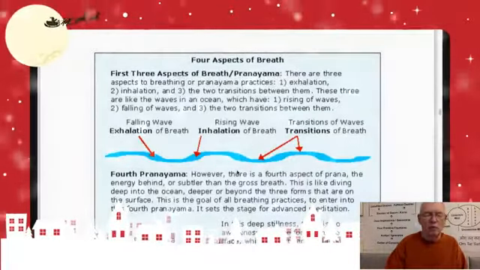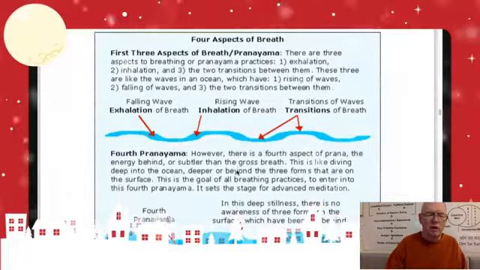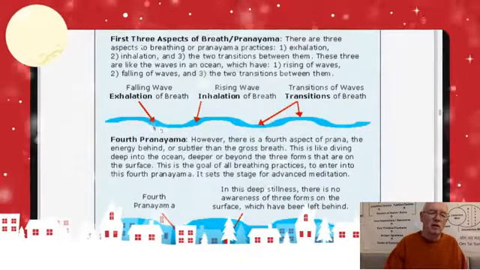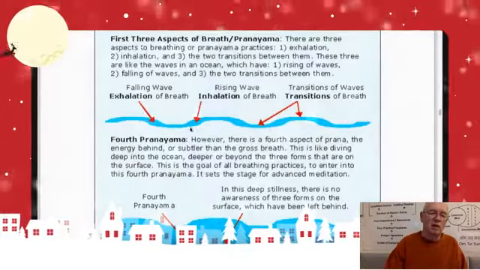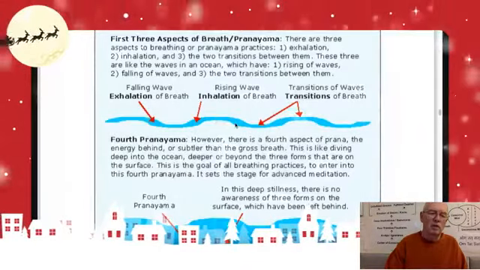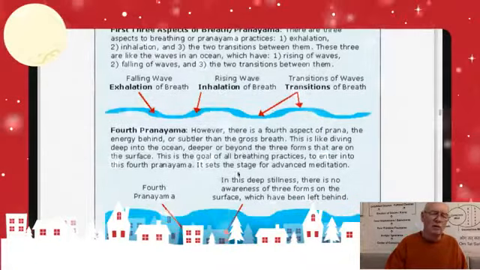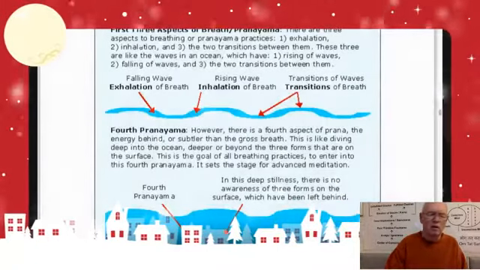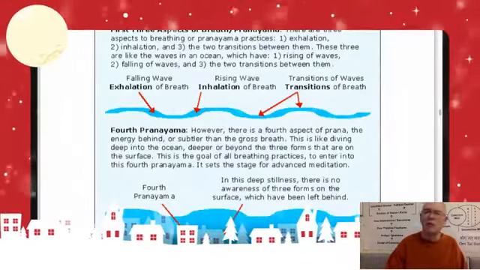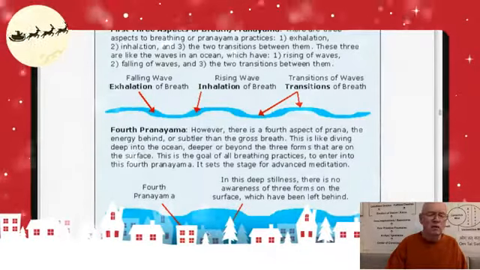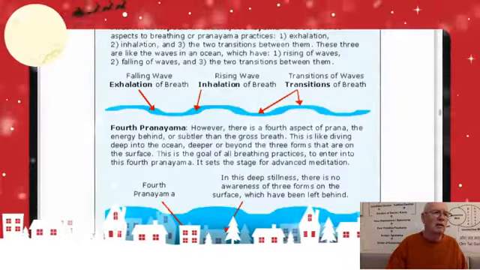And this is the fourth pranayama this is describing. So there's the exhalation, the transition, the inhalation, the transition, the exhalation, the transition. And if you dive down below the surface of the water, there's just pure prana, but you're not in the rise and fall of the waves. Okay, just a symbolic thing.